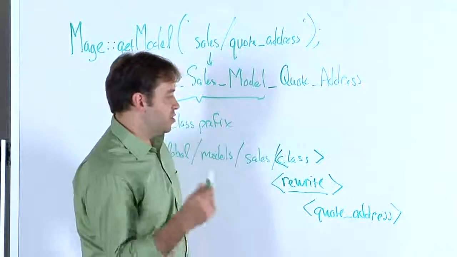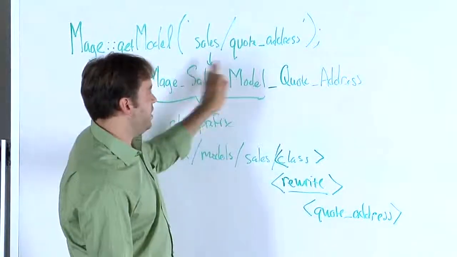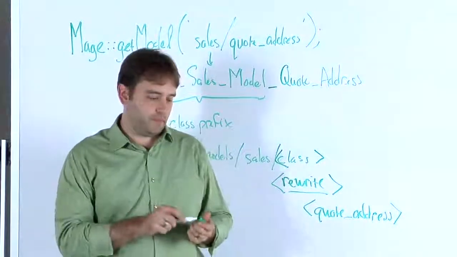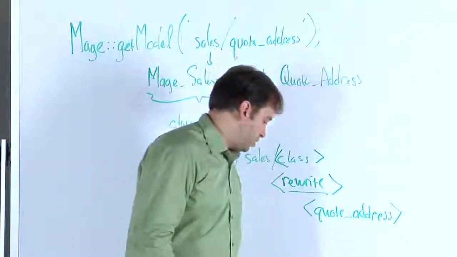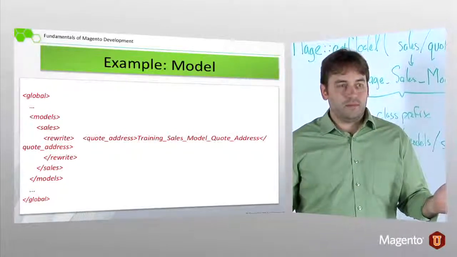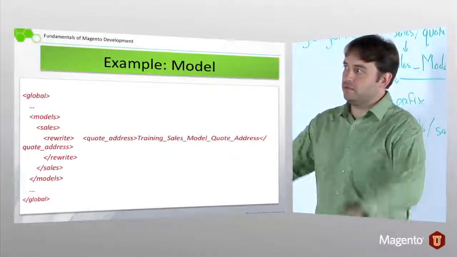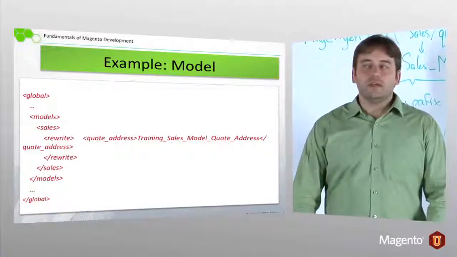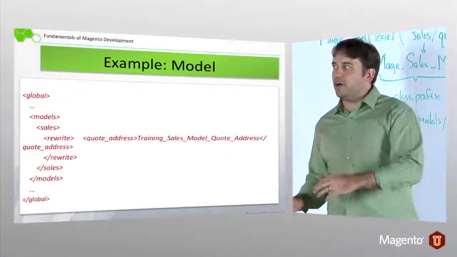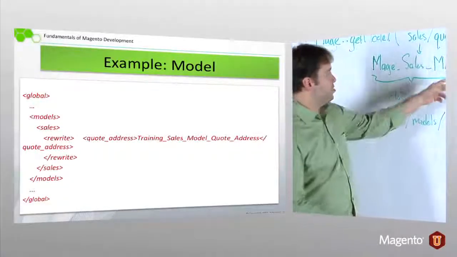So what Magento will then do is not bother with any of this other stuff and will just simply use that class name. So it's possible to declare, basically to say any class name at all. I could say fooBarbaz, right? And that would be the class that would be instantiated instead of Mage Sales Model Quote Address.